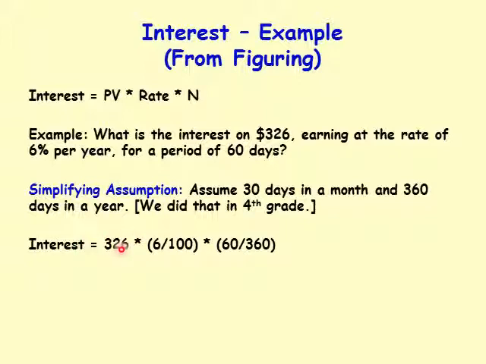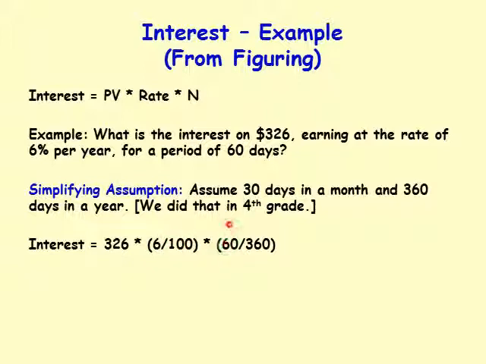Interest is 326 times, so that's the principal, and 6% is 6 divided by 100. Remember that when we say percentage, it has an implied denominator of 100, which in this expression I state explicitly.